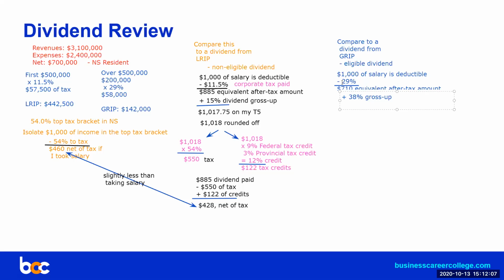So now I take 710. And the T5 amount is going to be $979.81. Let's call it $980.